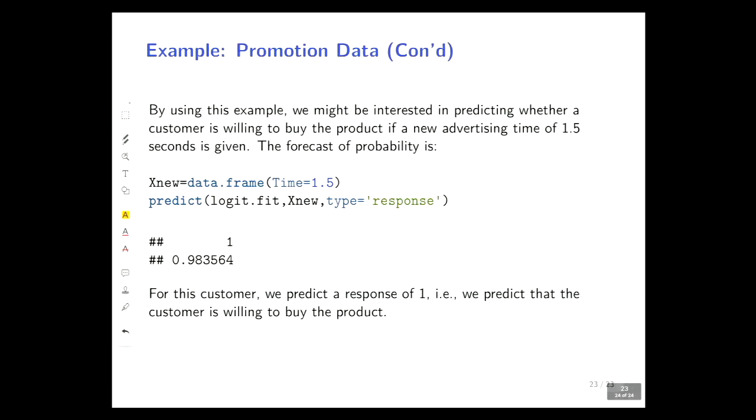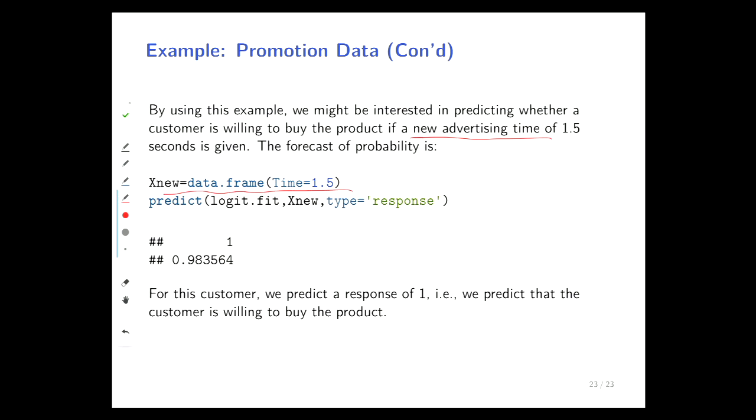The second thing here is to obtain the prediction for a new variable. Let's consider that we give a customer a new advertising time of 1.5 seconds, and we want to predict whether or not this customer is willing to buy this product after this exposure to the advertising. What you can do here is use a data frame to define a new X variable.